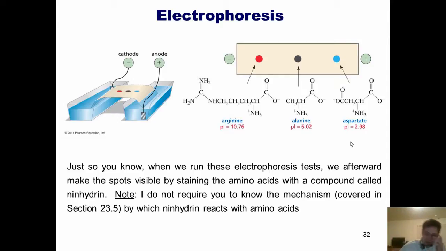I will not require you to understand or know the mechanism by which Ninhydrin reacts with amino acids. I only want you to understand that Ninhydrin stains the amino acids on our paper or gel, much like a raspberry-flavored popsicle might stain your teeth, tongue, and gums. That's how we can actually see where the individual amino acids end up after we run them through electrophoresis.